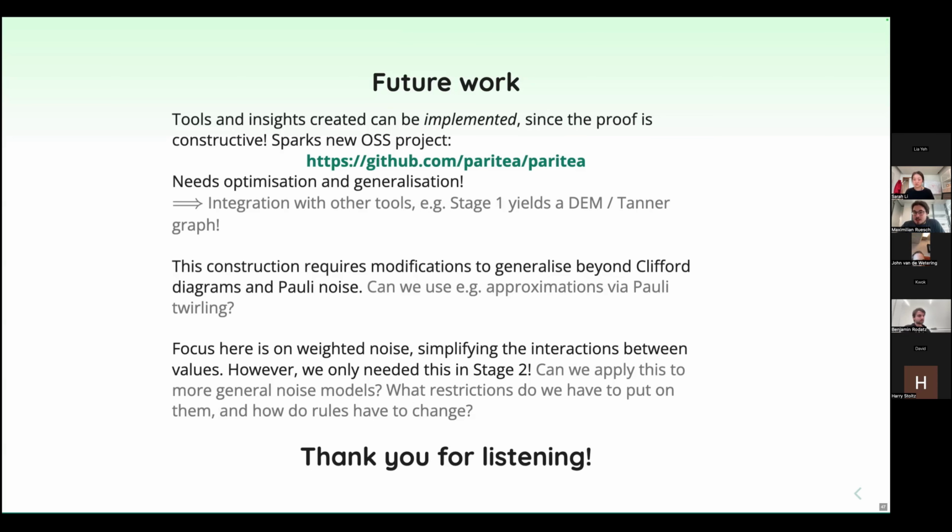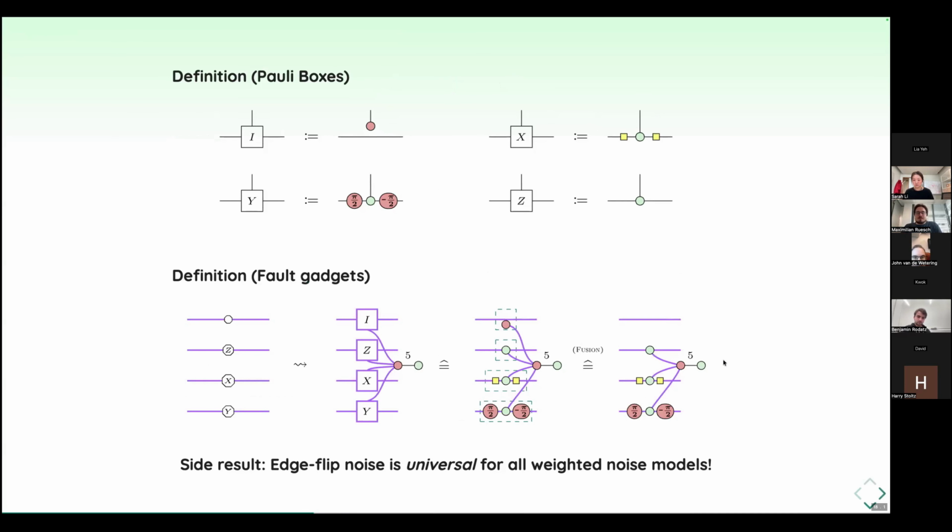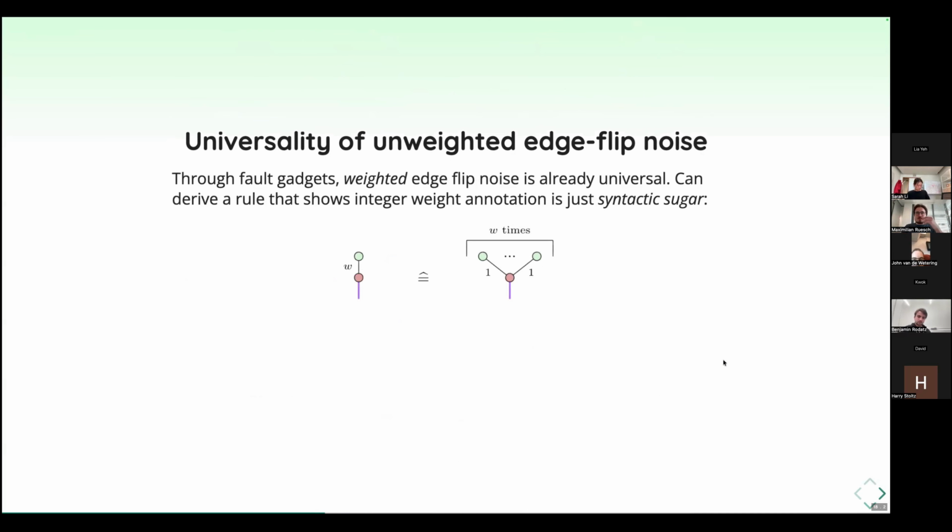One thing that fault gadgets allow you to do is already reduce the things you need to consider from all general Pauli products to just these Z edge flips. Another thing you can show is that you don't even need more general weights. You can only use weight 1. By a little rule you can derive, if you have a fault gadget annotated with a weight W, then if you repeat this green spider W times and annotate each edge with 1, you get the same thing.